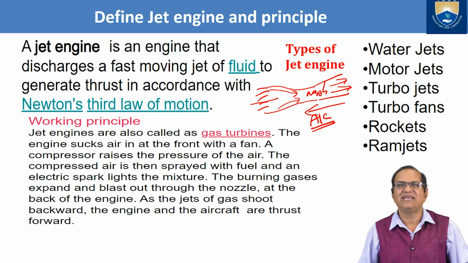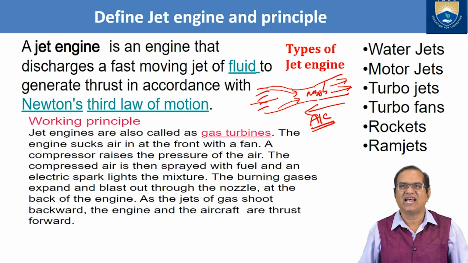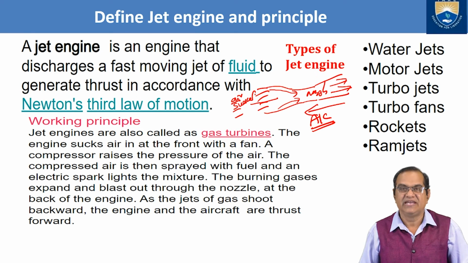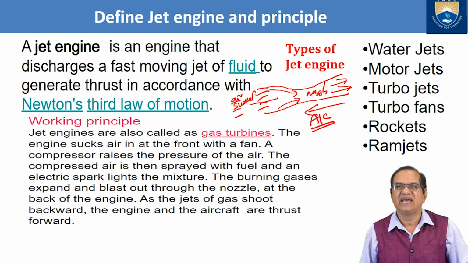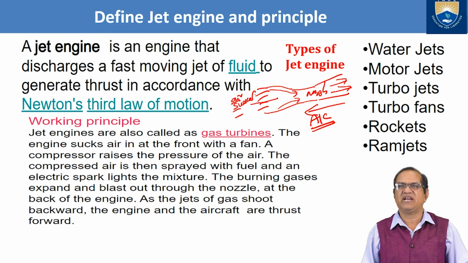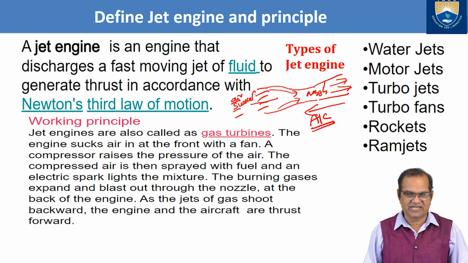So the working principle: jet engines are also called gas turbines. The engine sucks air in at the front with a fan. A compressor raises the pressure of the air. The compressed air is then sprayed with fuel and an electric spark lights the mixture.